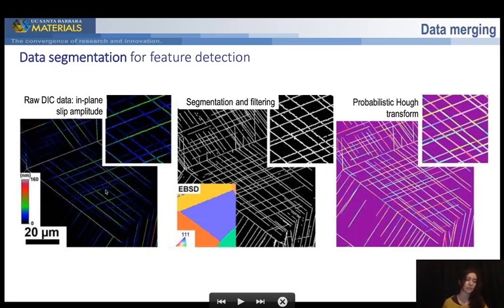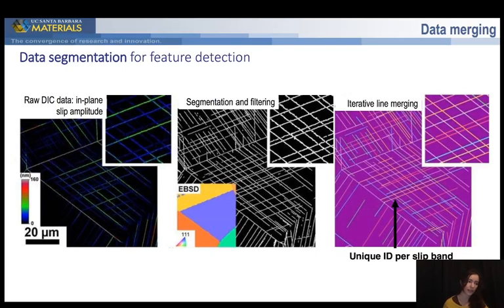In practice, we use a series of Hough transformations, which are very simple transformations commonly used to detect line features in images. So we use this transformation to segment individual slip bands and eventually assign a single number ID to each slip band within our datasets.